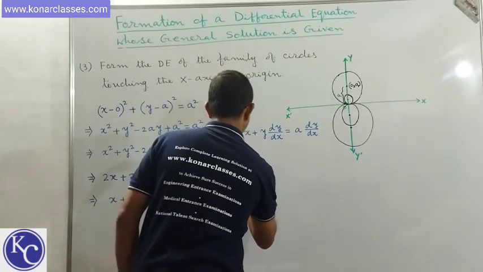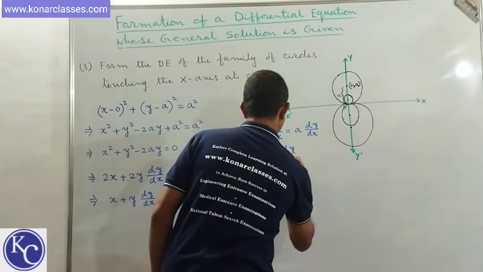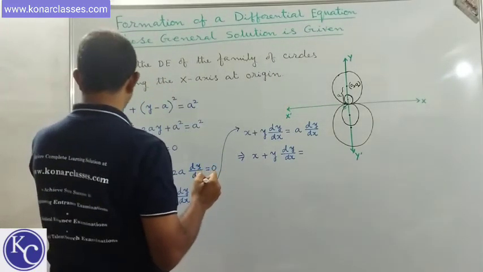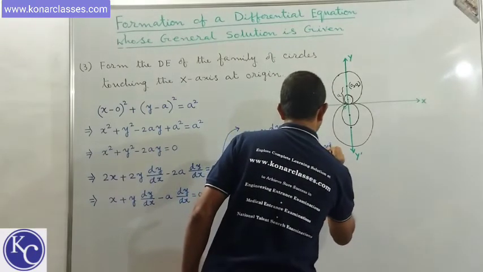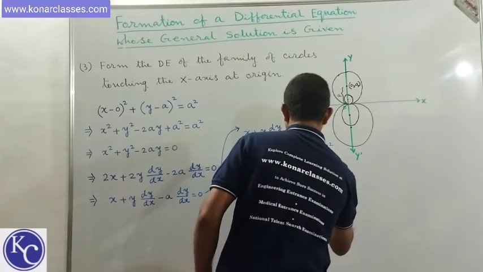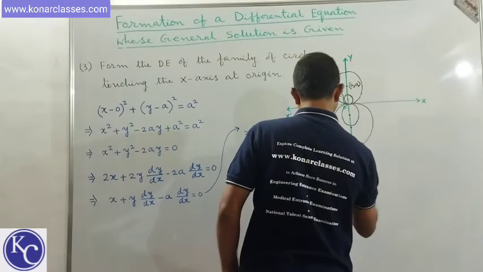This implies a is equal to (x plus y dy/dx) divided by dy/dx. Also from the earlier equation, a is equal to (x square plus y square) divided by 2y.